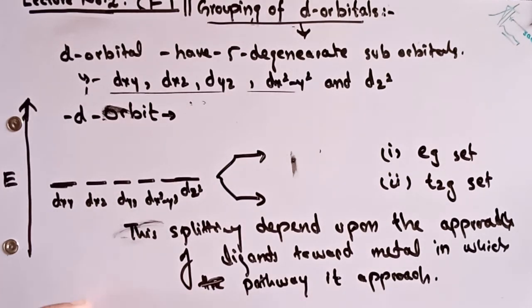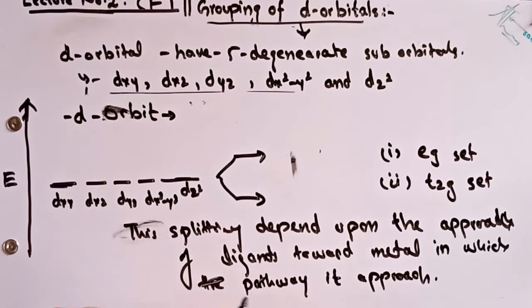So how the ligand approaches the central metal, whether along the axis or in between the axes, will matter.